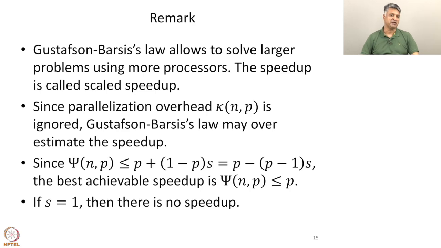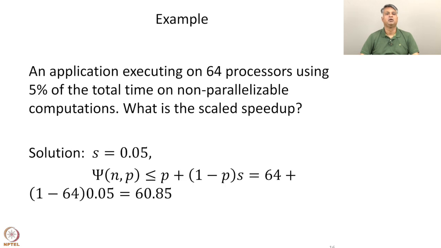Again, kappa NP, which is the parallelization overhead, is ignored by Gustafson-Barsis law, and hence it might overestimate this speed up. So, what it essentially says is that this is the best achievable speed up. If S is equal to 1, then obviously there is no speed up possible at all, because inherently the entire time is taken over by sequential operations.